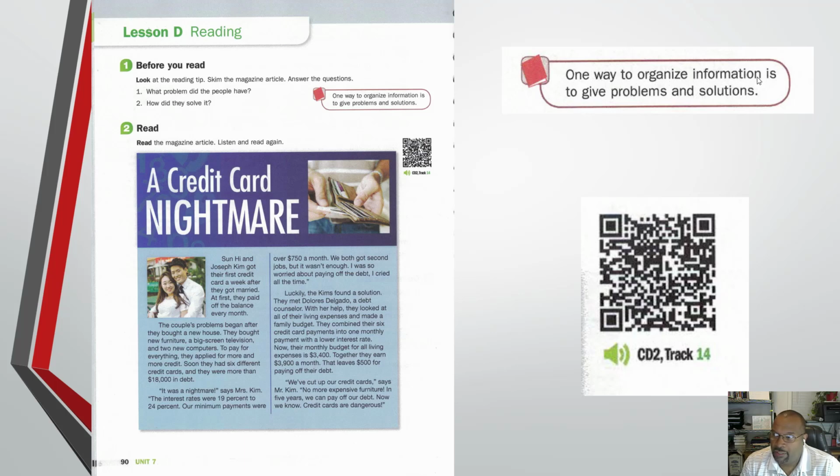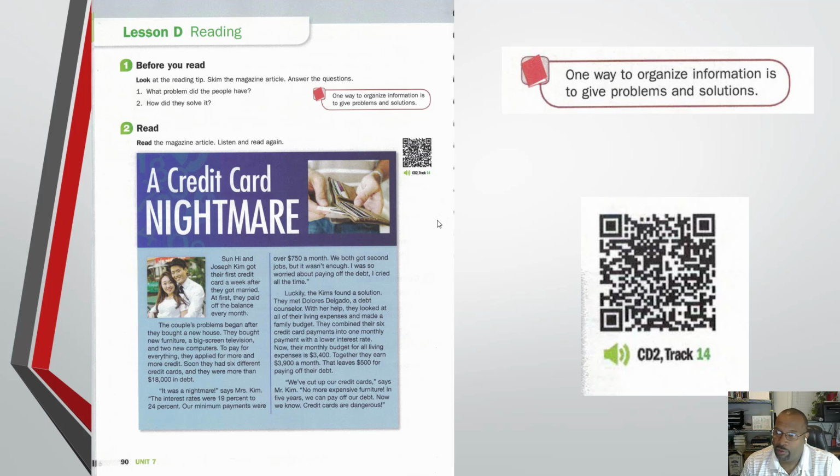One way to organize information is to give problems and solutions. Now, before we've been talking about organizing information in order or prioritizing them, right? But the tip says another way to do this is to give problems and solutions.